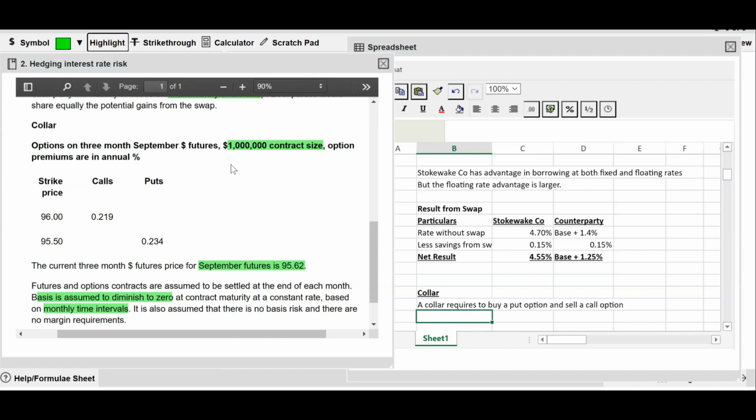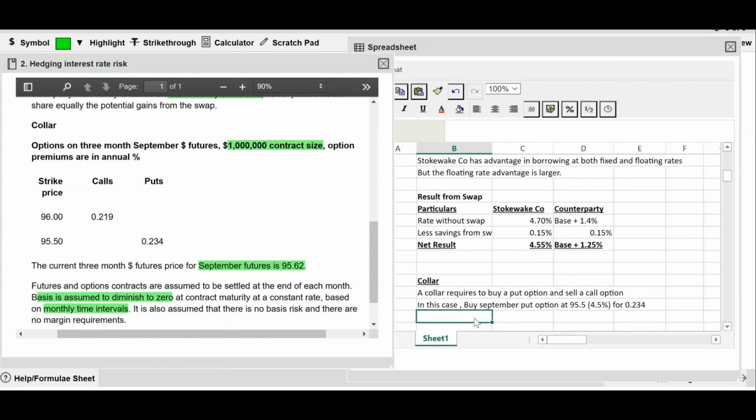Now, with that, let us head further into the solution. In this case, we're going to buy the September put option at 95.5, and that's going to be 4.5 percentage, for how much? 0.234.